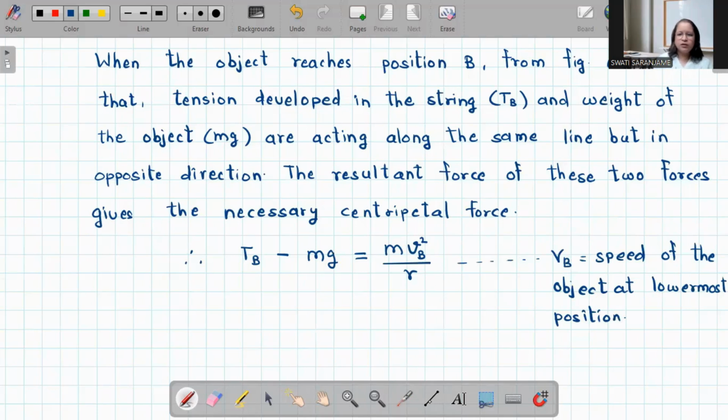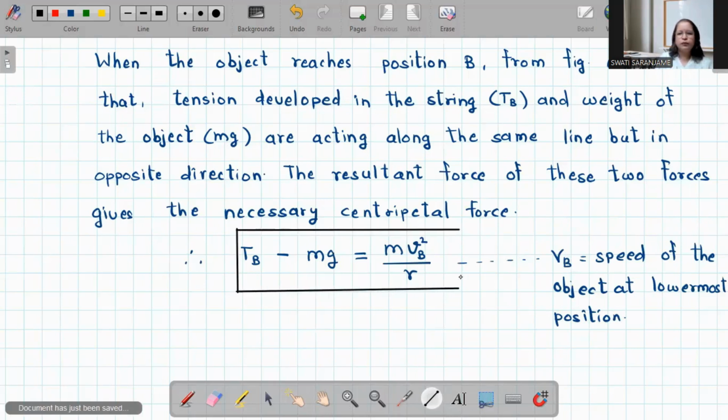Okay, let us call this equation 3. Whenever we need it, we can just use the number of that equation, so we don't have to write the equations again and again in the answer.